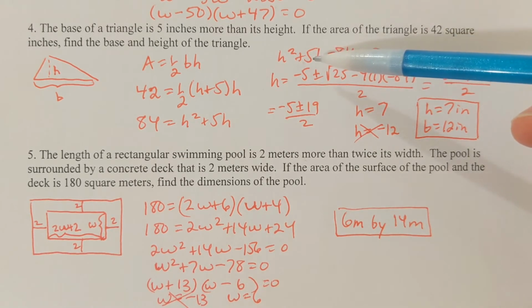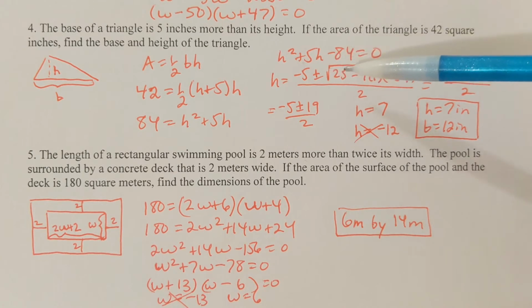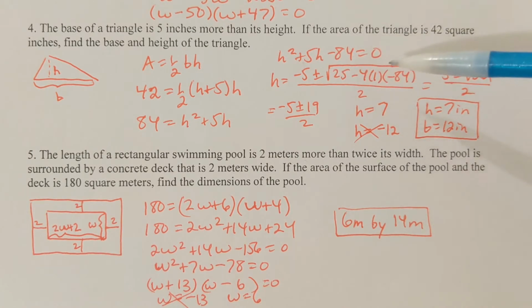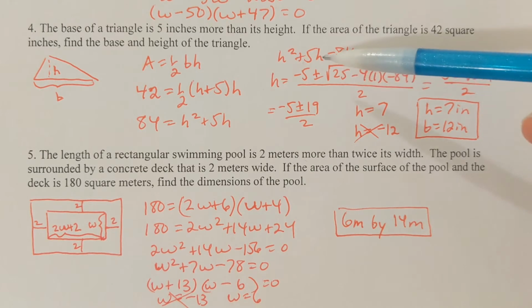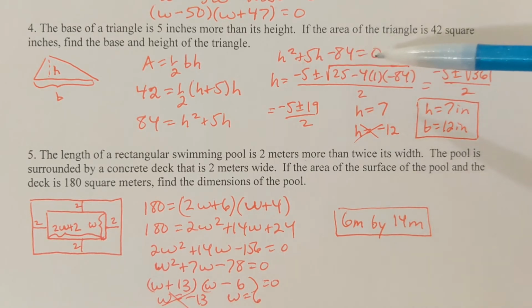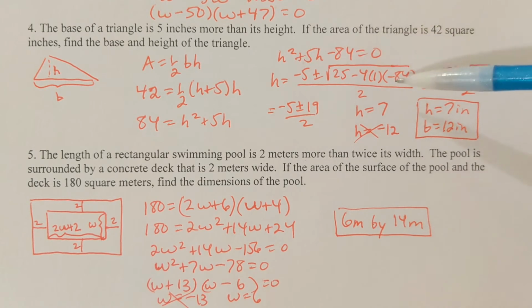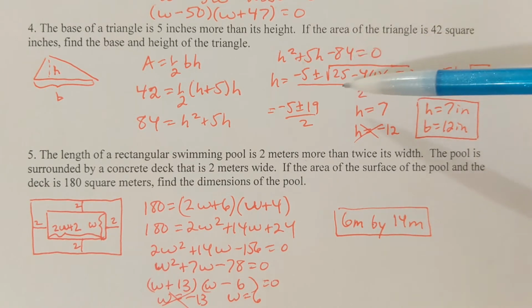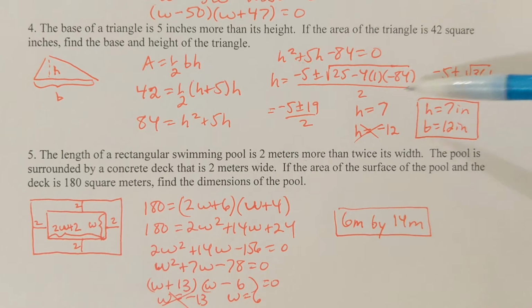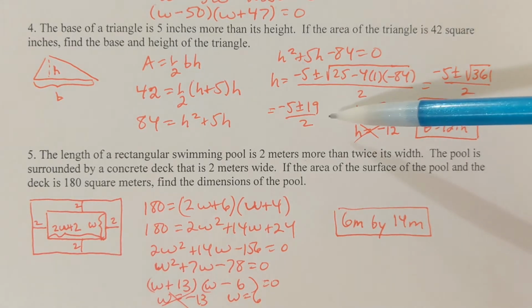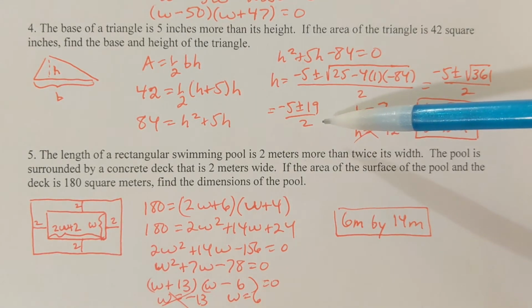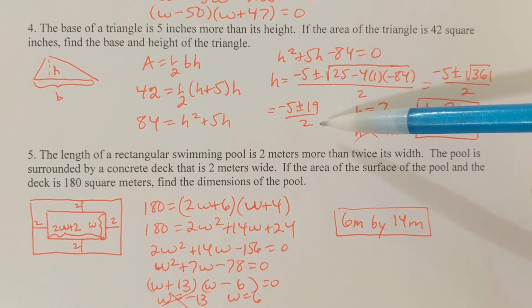The opposite of b is negative 5, plus or minus the square root of b squared minus 4ac, all over 2a. b squared is 5 squared, 25, minus 4 times a is 1, times c is negative 84, over 2a, 2 times 1 is 2. And so we get negative 5 plus or minus the square root of 361 all over 2. Square root of 361 is 19. So negative 5 plus or minus 19 all over 2.